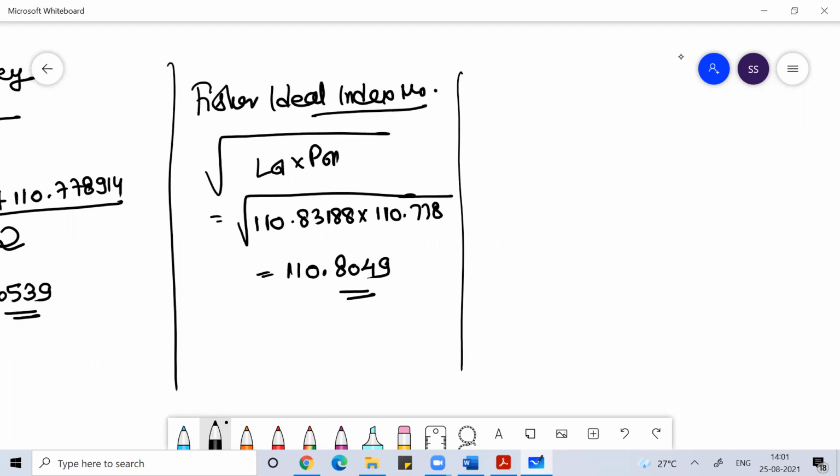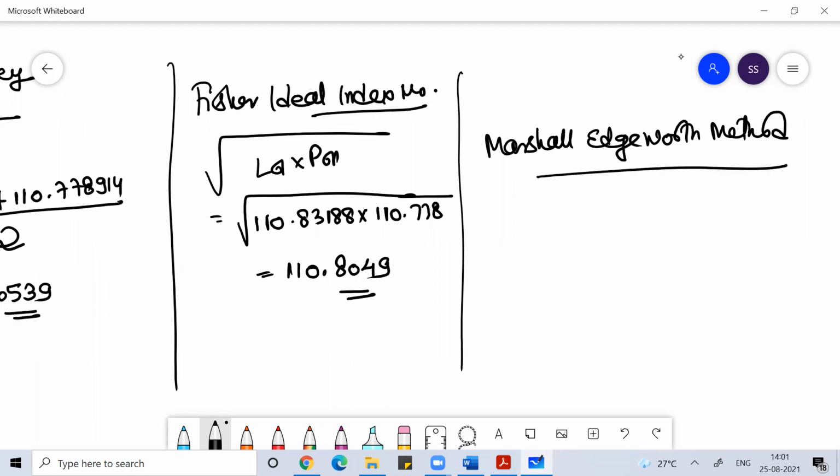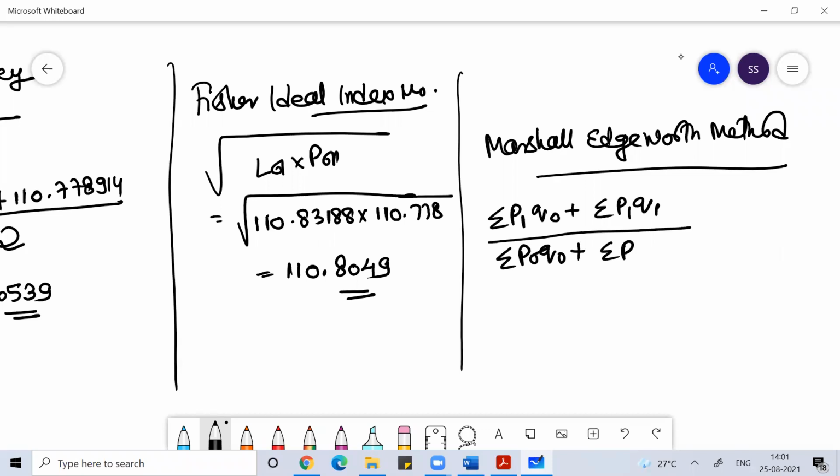Once you get the Fisher ideal index number, the last method is the Marshall Edgeworth method. It is sum of P1Q0 plus sum of P1Q1, divided by sum of P0Q0 plus sum of P0Q1, into 100.